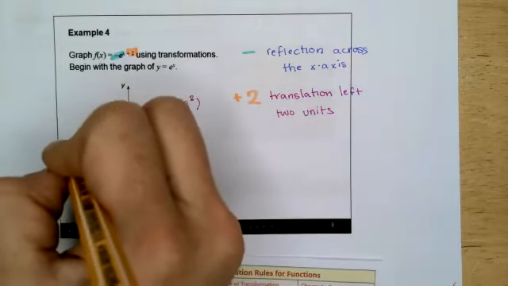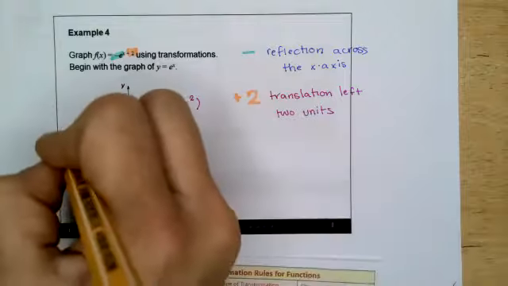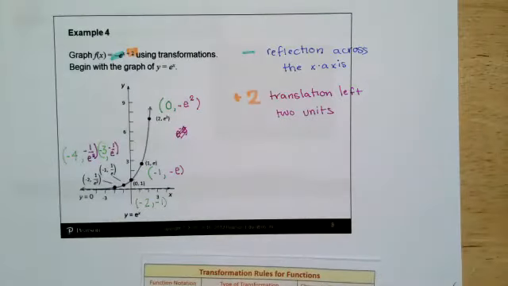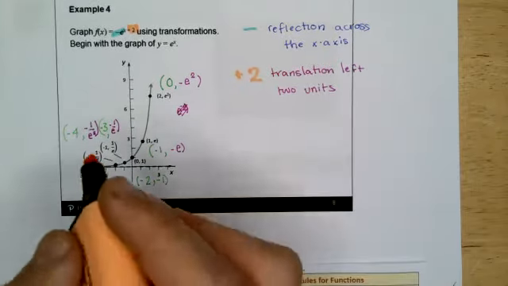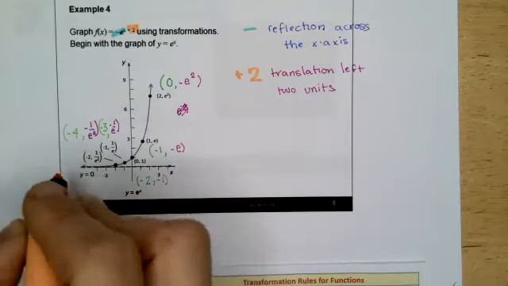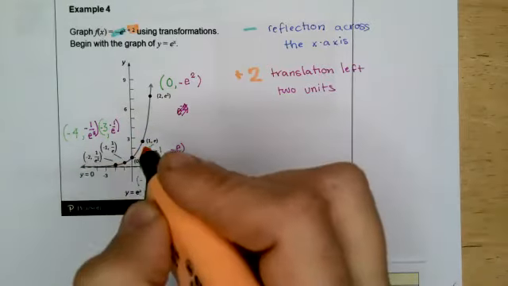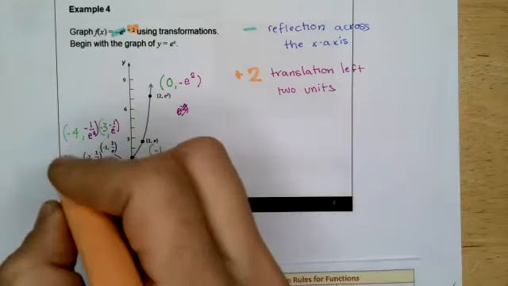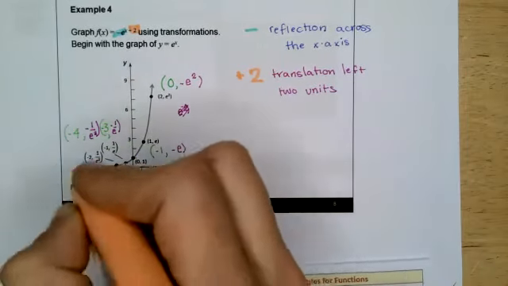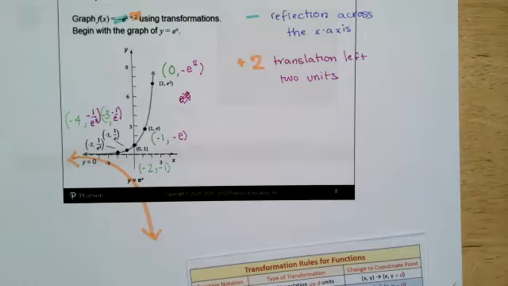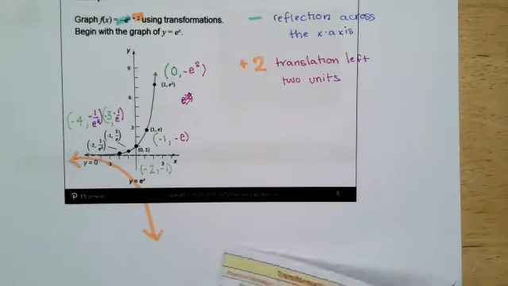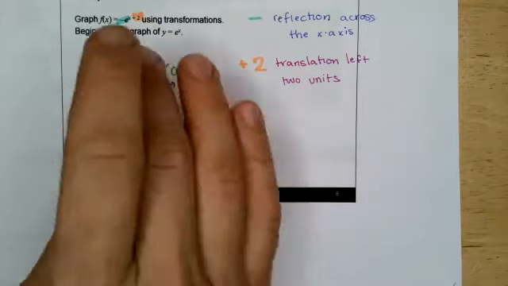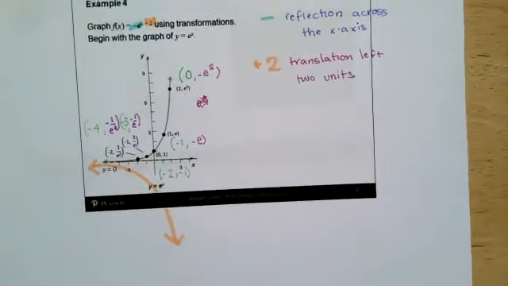Instead of a -2, that's going to be a -4. Good. So what it's going to look like is something more like that. All right, so that's how to graph. And you can always check in Desmos that your graph is correct and compare it to the parent function.